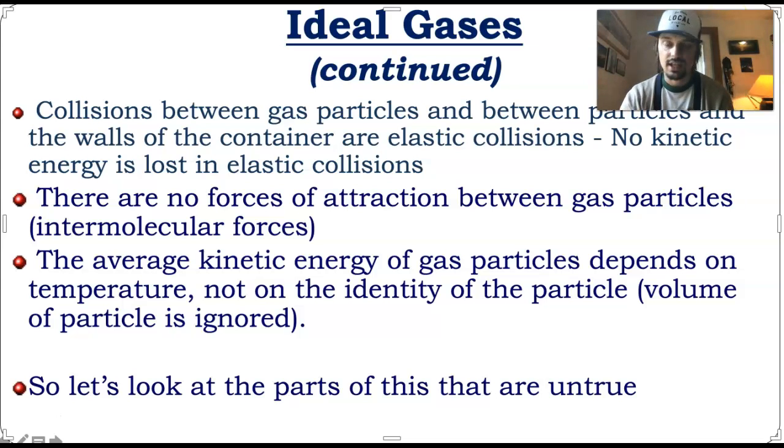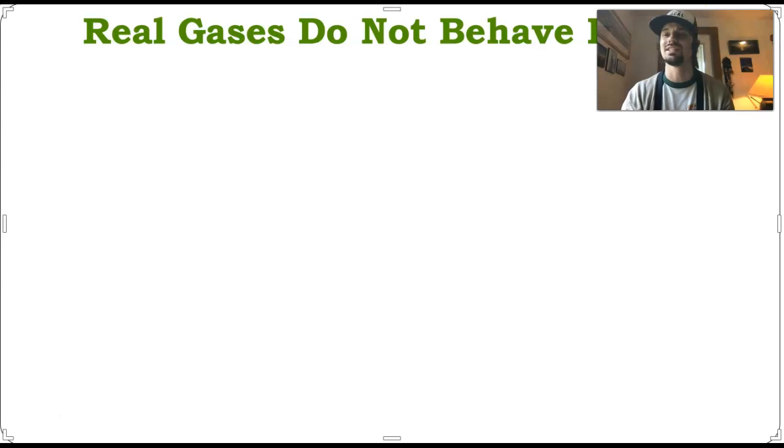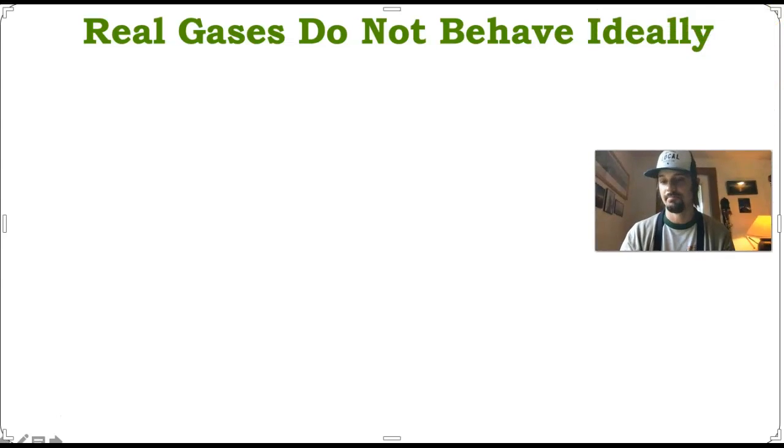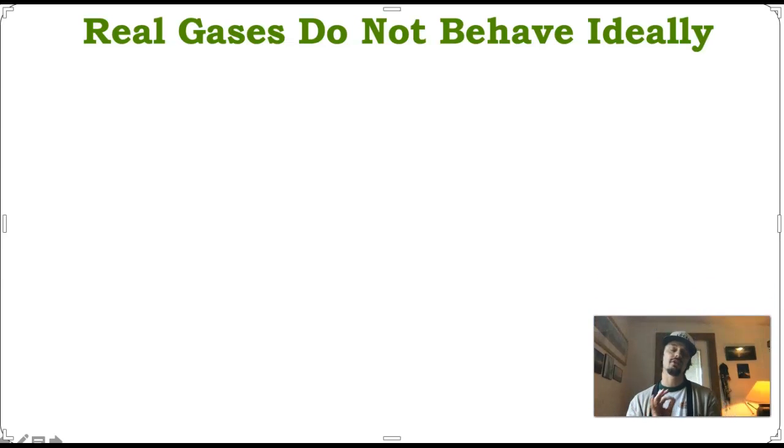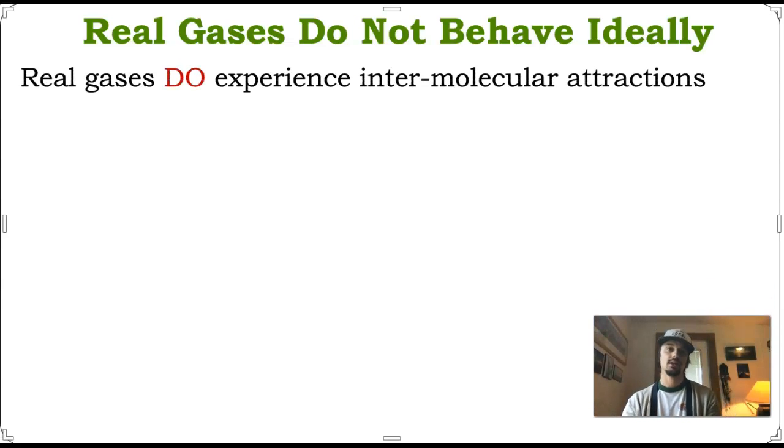So this is how we define an ideal gas, which we're going to use in our ideal gas equation. But there's a few pieces of this that simply aren't true. But we can ignore them because they don't affect our answer most of the time. So real gases do have intermolecular attractions.